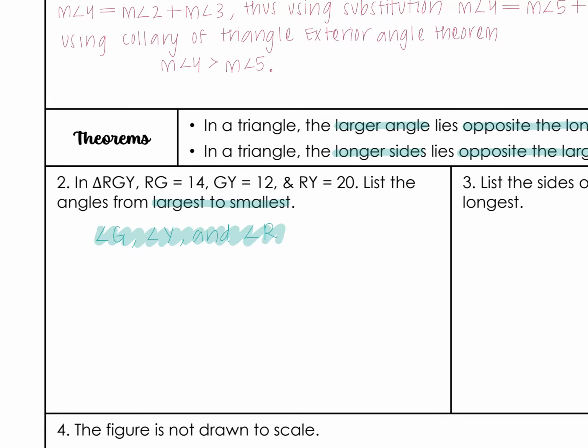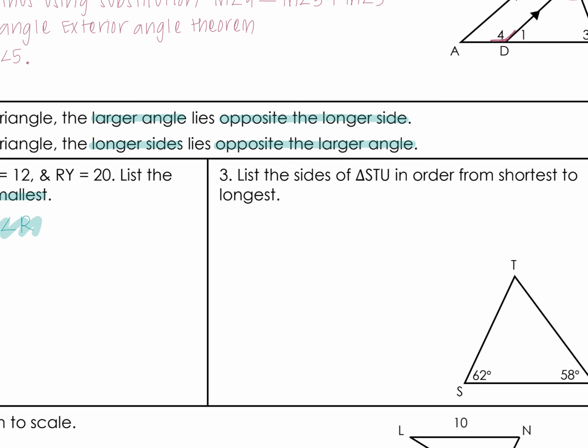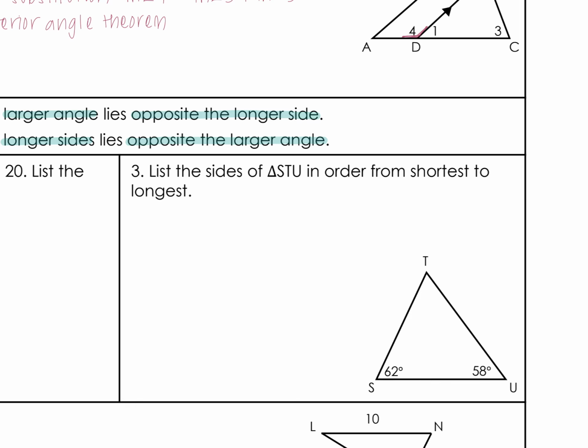So let's look at number 3. And so for number 3, they did give us a picture here to go based off. So in this one, we can talk about how we could use that picture. But we're listing the sides in order from the shortest to the longest.